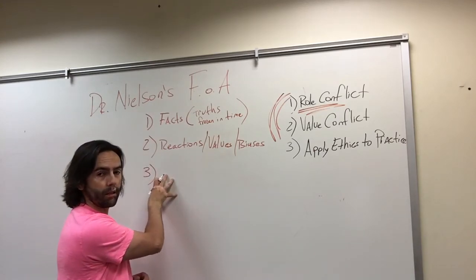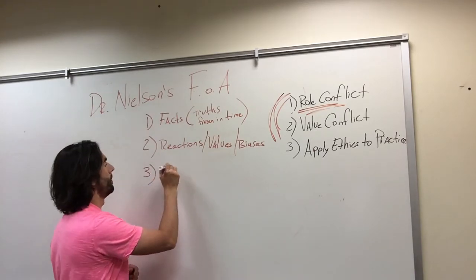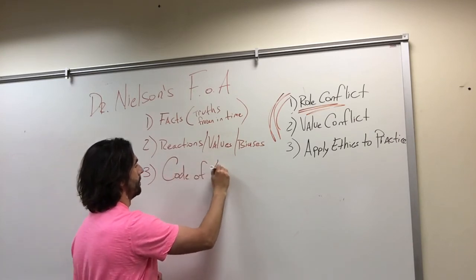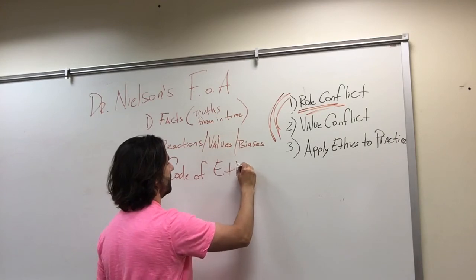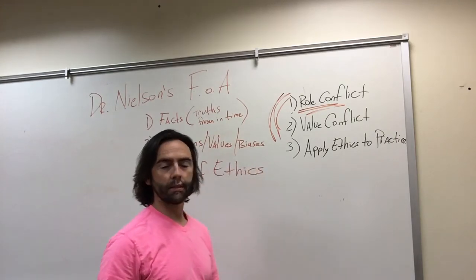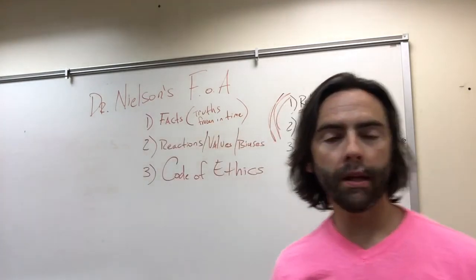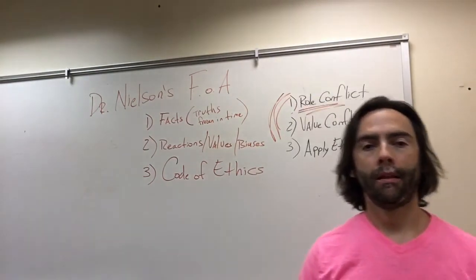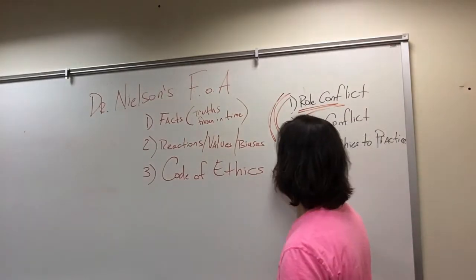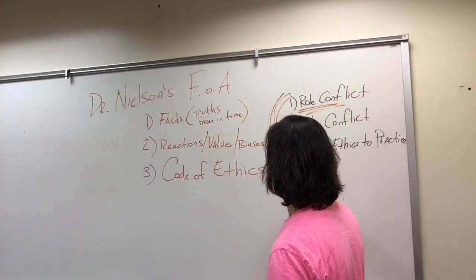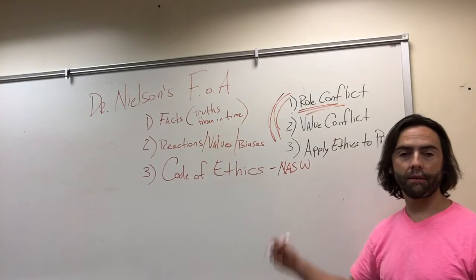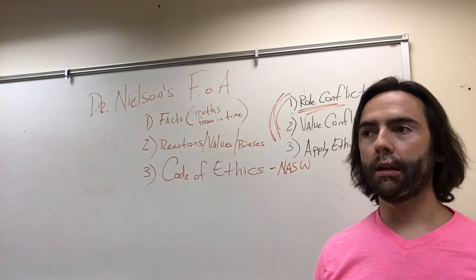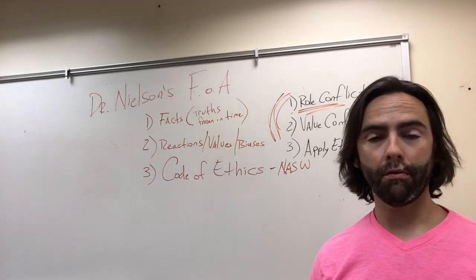Number three. Code of ethics. Okay? What code of ethics? Of course, the NASW code of ethics, right? So you don't need to have it in your pocket anymore. You can print it out if you want to, but you got a smartphone probably, right?